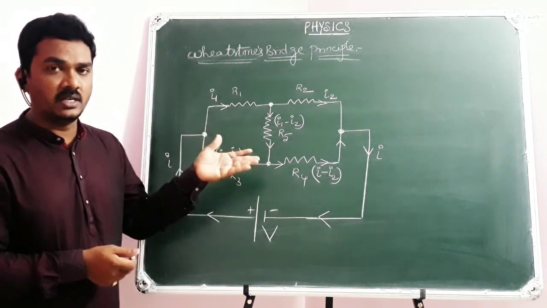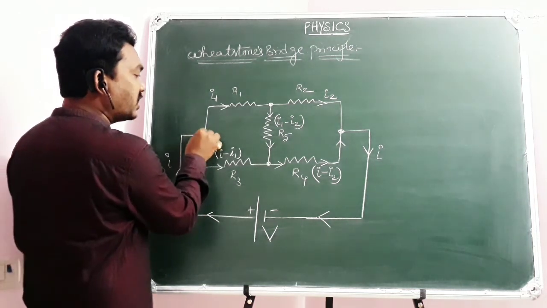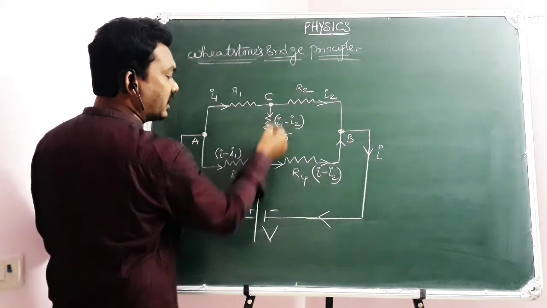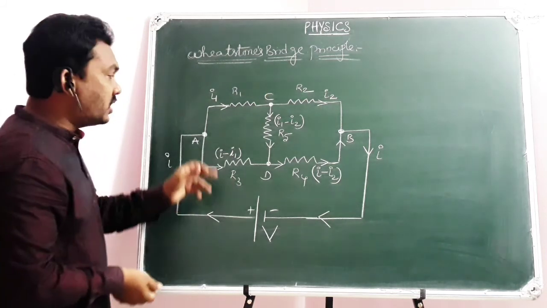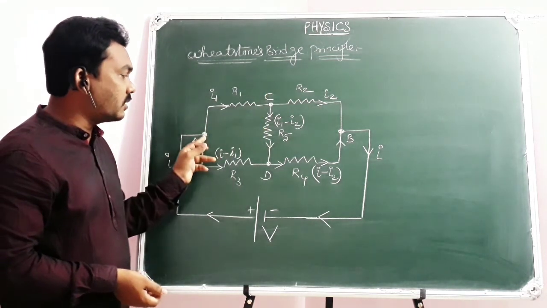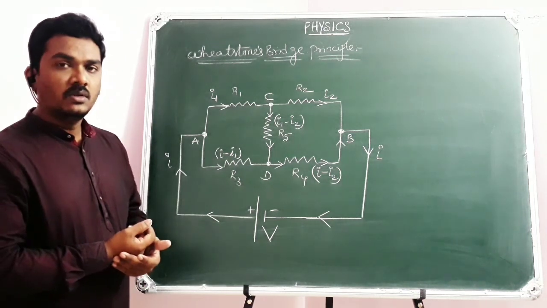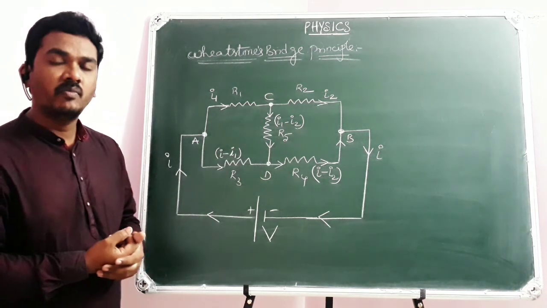No two resistors are at the same potential difference. Suppose here one junction is A, the other junction is B, and here one junction is C, the other junction is D. You are not sure that the potential difference across AC is the same as the potential difference across AB. No. So I cannot identify which are in series and which are in parallel.